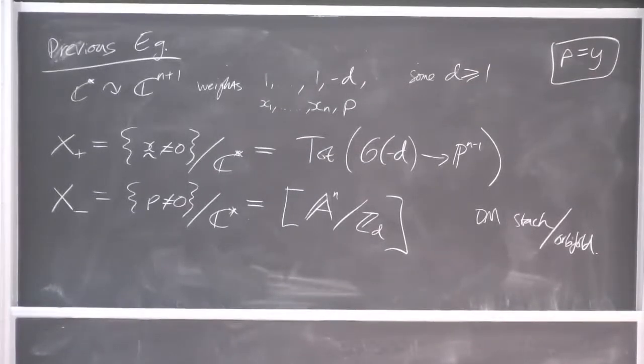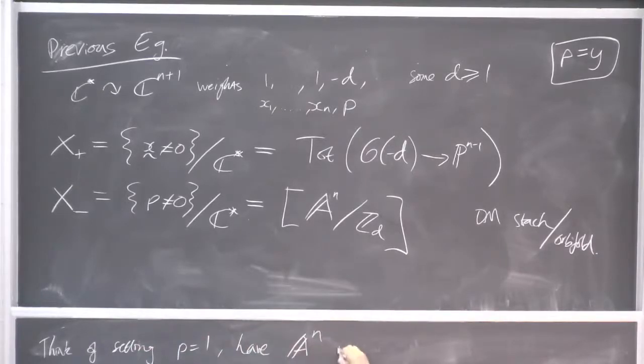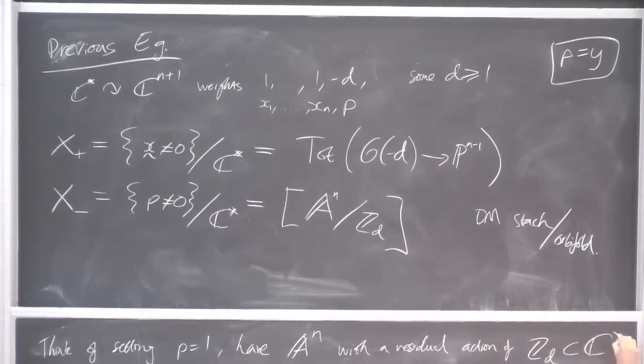But because the action has weight d on p, there is a residual stabilizer group. The group of d-th roots of unity acts trivially at the origin in that space. So think of setting p equals 1, then the point is that you have A^n with a residual action of Z_d sitting as the d-th roots of unity inside C star.